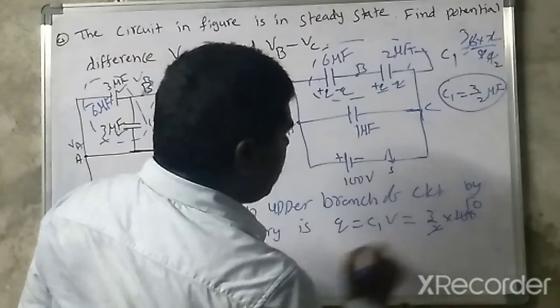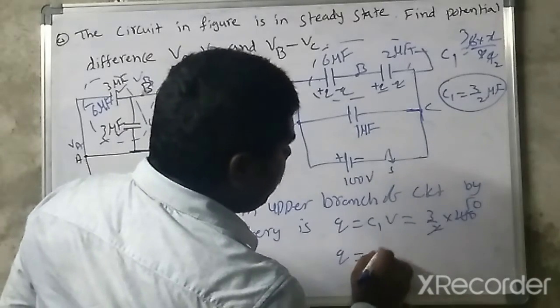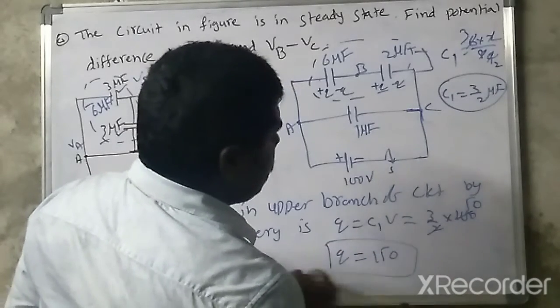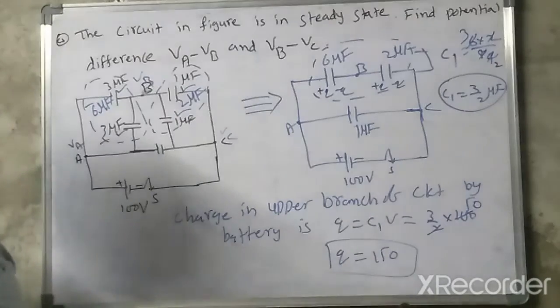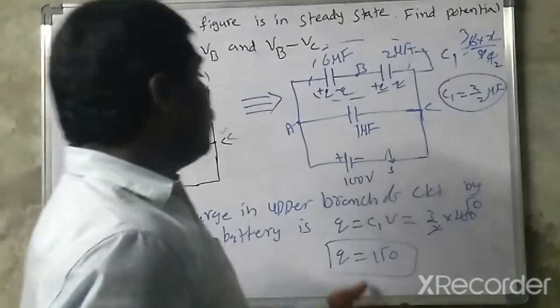So this is 50, so the charge Q is equal to 150 coulombs.